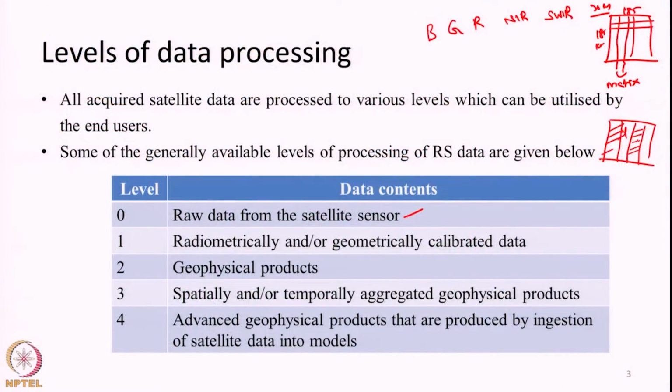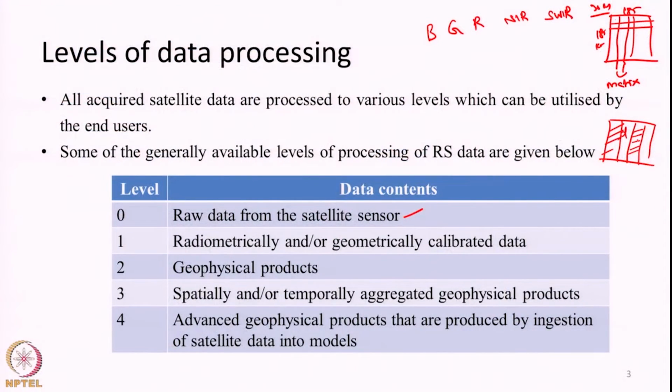Finally comes level 4, which means advanced geophysical products that are not directly observed by the satellite, but are obtained as output by ingesting the satellite data into various models. For example, using the surface reflectance and other ancillary data, we can calculate leaf area index, which is an important variable related to vegetation growth, or we can calculate biomass or gross primary productivity.